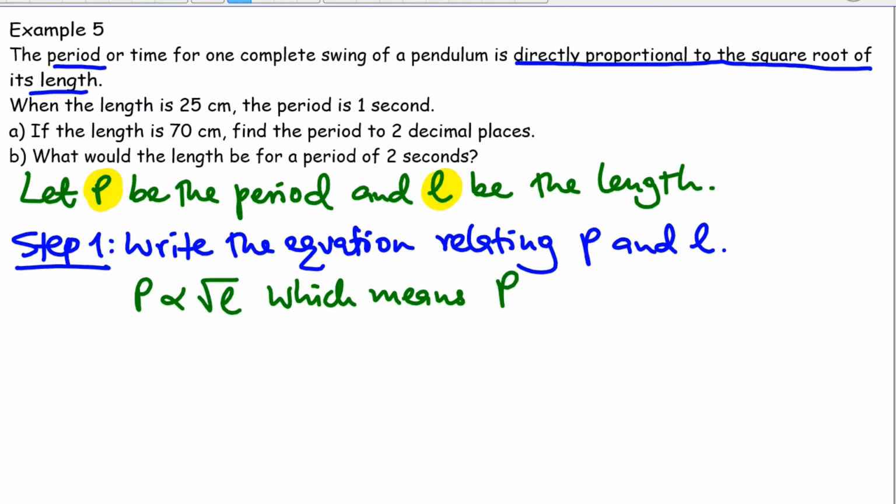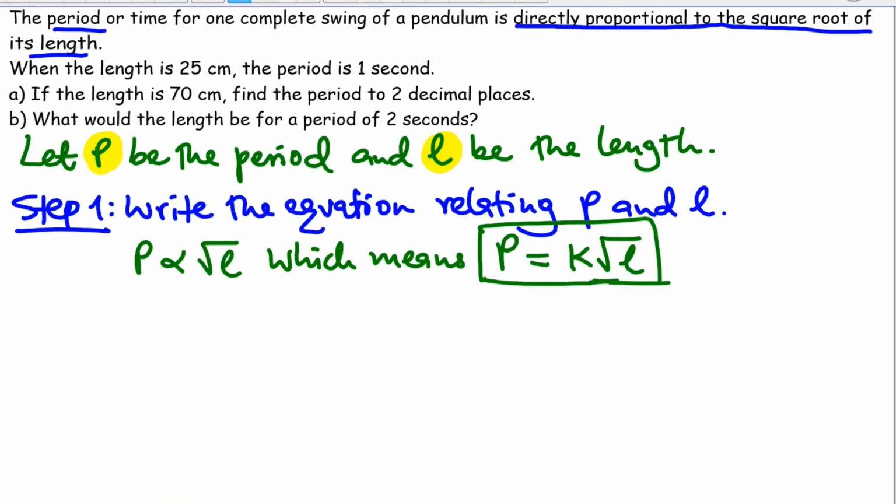So P is equal to k square root of L. This is the equation, but we need to find what k is.